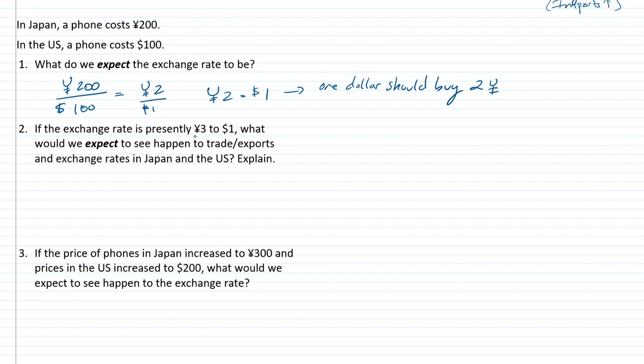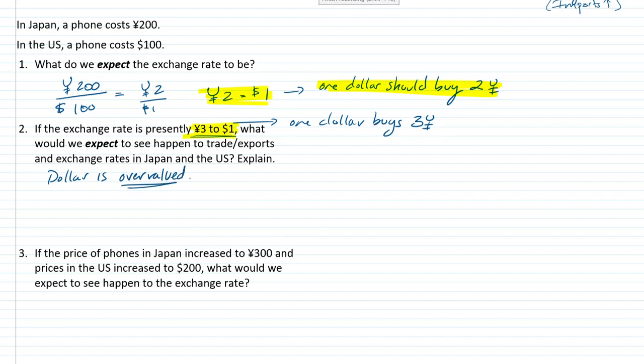If the exchange rate at the moment is 3 yen to a dollar, what would we think should happen to net exports? There are a lot of different ways to approach this problem, but I like to do it simply by translating these sentences and ideas and putting them together. $1 should buy you 2 yen, but right now $1 buys me 3 yen. So the dollar is overvalued.